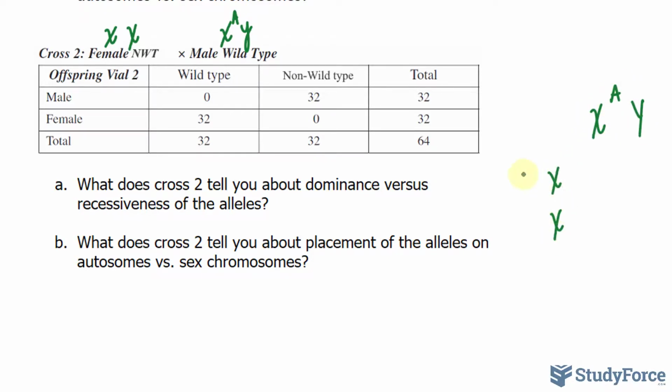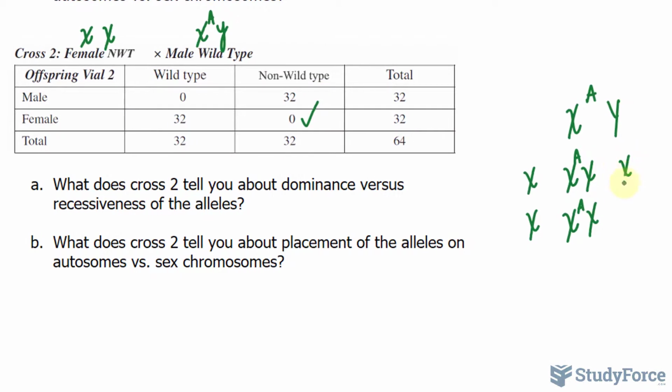So again, the female is non-wild type, homozygous recessive. Doing this cross gives us XX, where this female carries one of the dominant alleles, and this female carries one of the dominant alleles. Notice that none of the females are non-wild type, and that's consistent here.